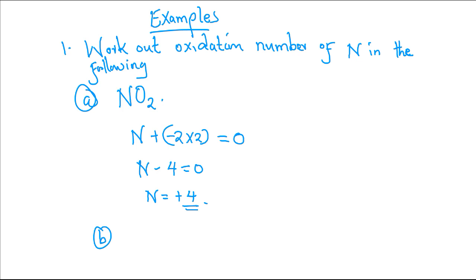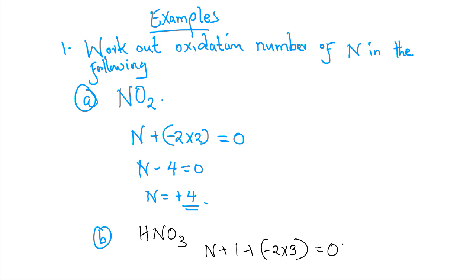Another example, you can have nitric 5 acid, that is N plus 1 for hydrogen plus -2 times 3, that is oxygen.